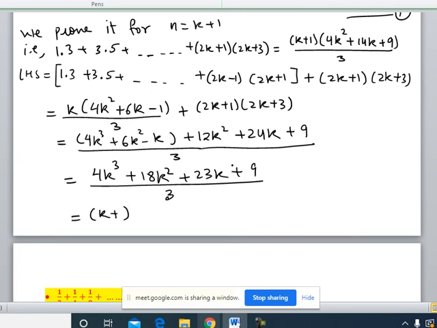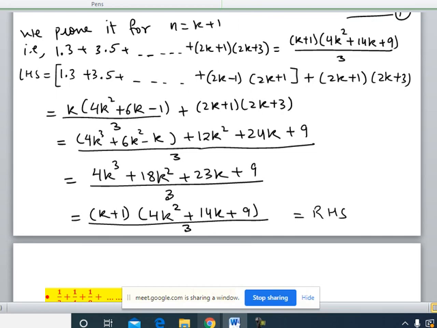Okay, when you divide this entire expression by k plus 1, you will see the leftover quotient is 4k square plus 14k plus 9. This can be easily obtained. Okay, this you can try and solve. So this entire thing divided by 3, that comes out to be our right hand side.